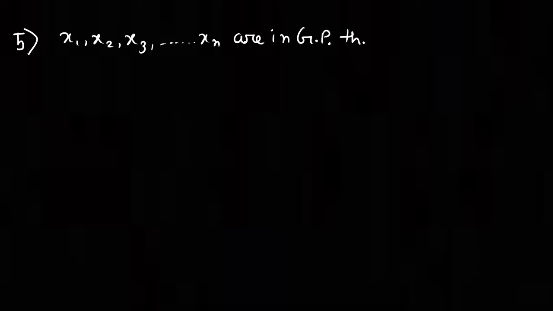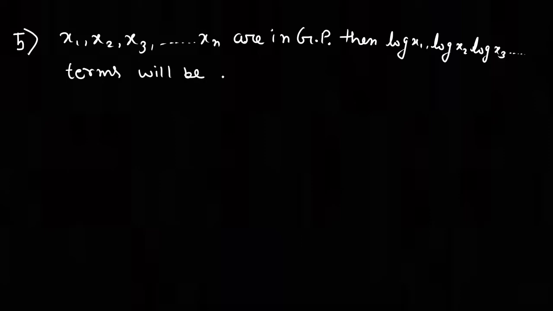Okay, so the last property of GP is that if x1, x2, x3 and so on up to xn are in GP, then log x1, log x2, log x3 and so on will be in AP. Now we look at the proof of this.